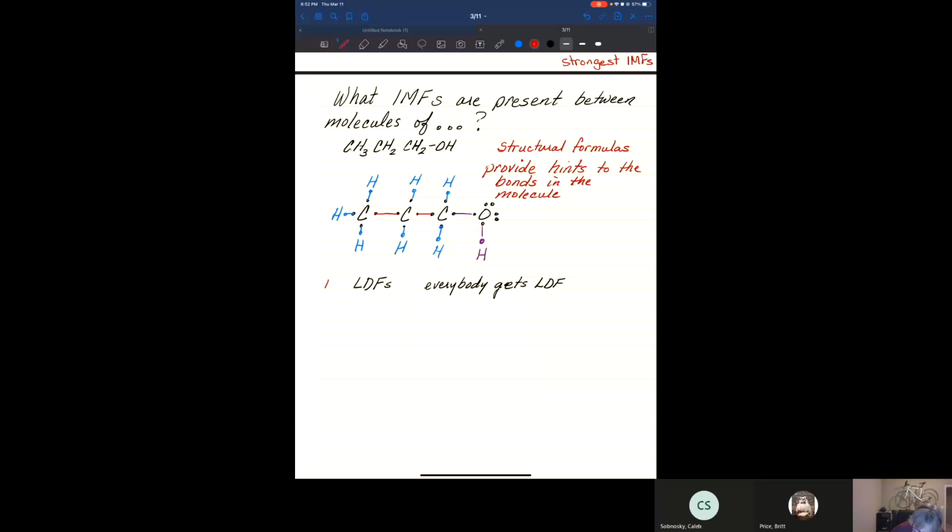So first thing I do is give everybody LDFs. Now I'm going to look for something that's not carbon or hydrogen. So in this case, I have the oxygen.